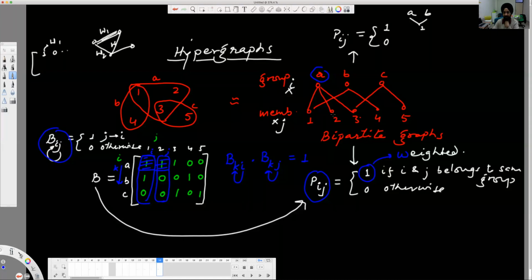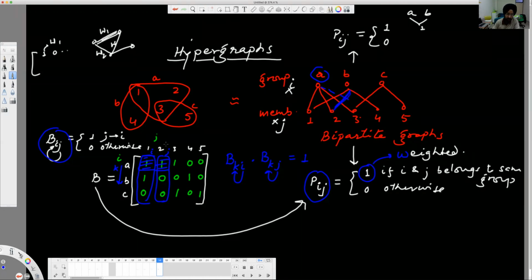But 1 and 2 can have multiple groups in some cases. We don't have it here, but let's say there was another edge from 2 to B. Assume that.